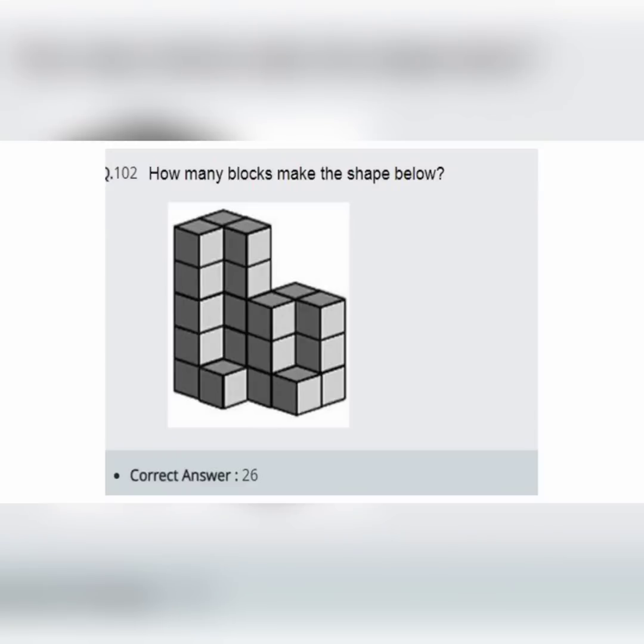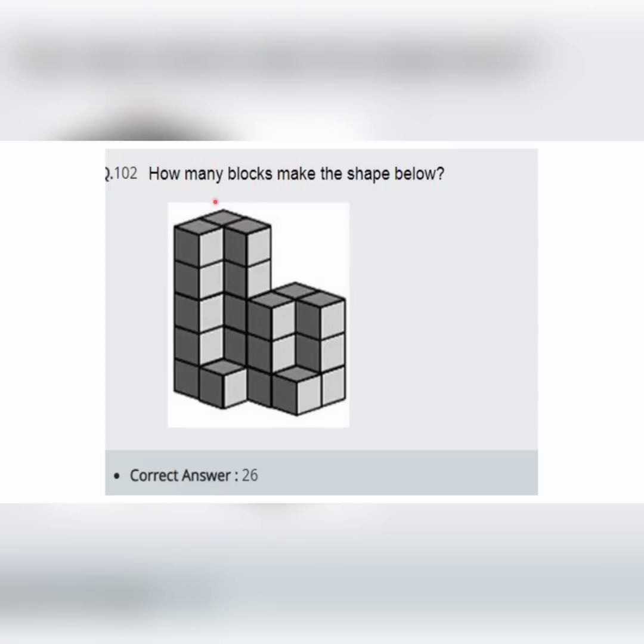Now coming to the next question. How many blocks make the shape below? So we have to count how many blocks or cubes are there in the figure. So 1, 2, 3, 4, 5. This column contains 5 cubes.